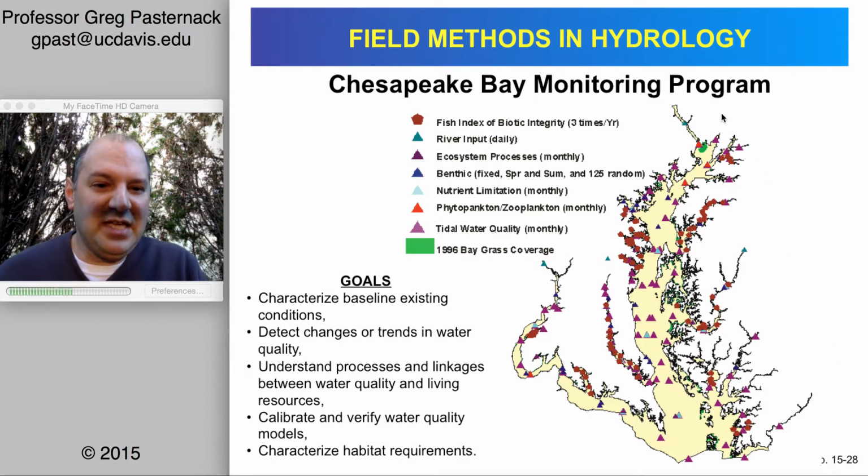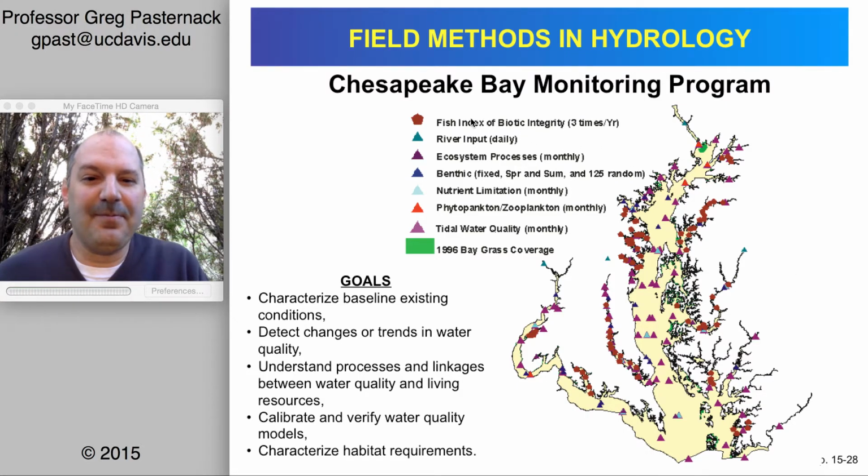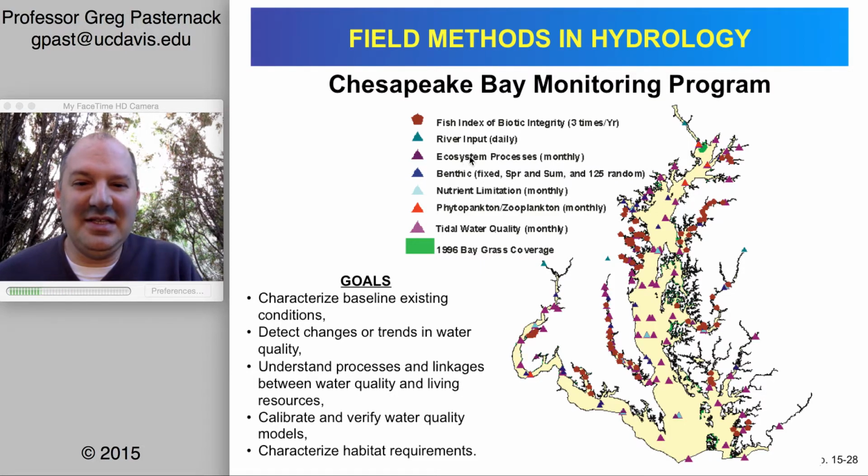Now, here's a map of Chesapeake Bay. This is the largest estuary in North America, and it's shown here in this pale yellow. What you can see overlaid on that are all kinds of dots for different kinds of monitoring taking place, like fish index of biotic integrity, discharge measurements, ecosystem processes, benthic observations, nutrient observations, phytoplankton, zooplankton, water quality, and then the coverage of bay grasses.